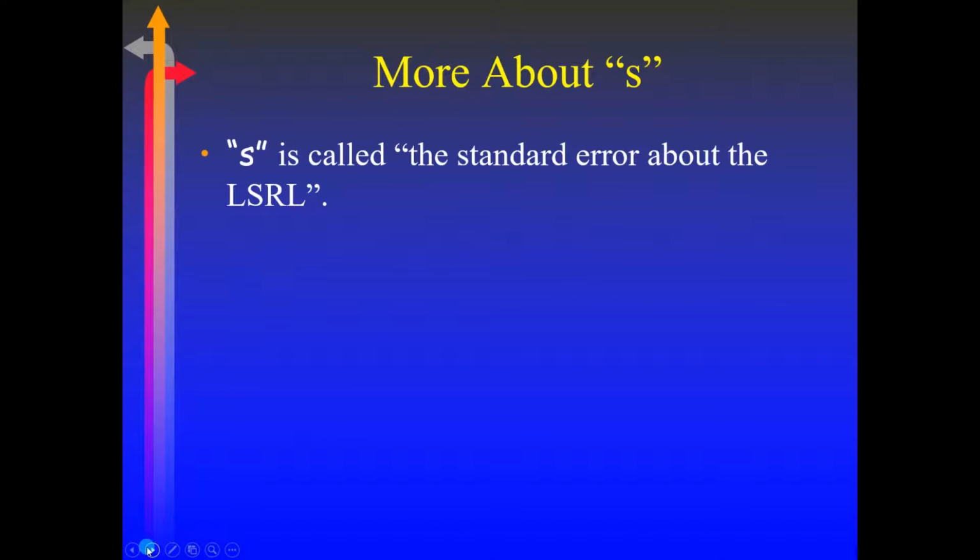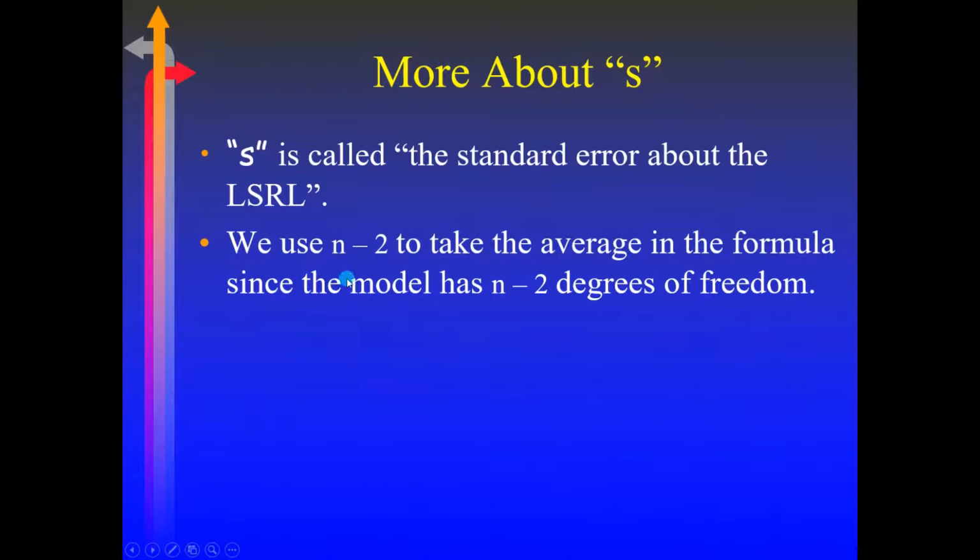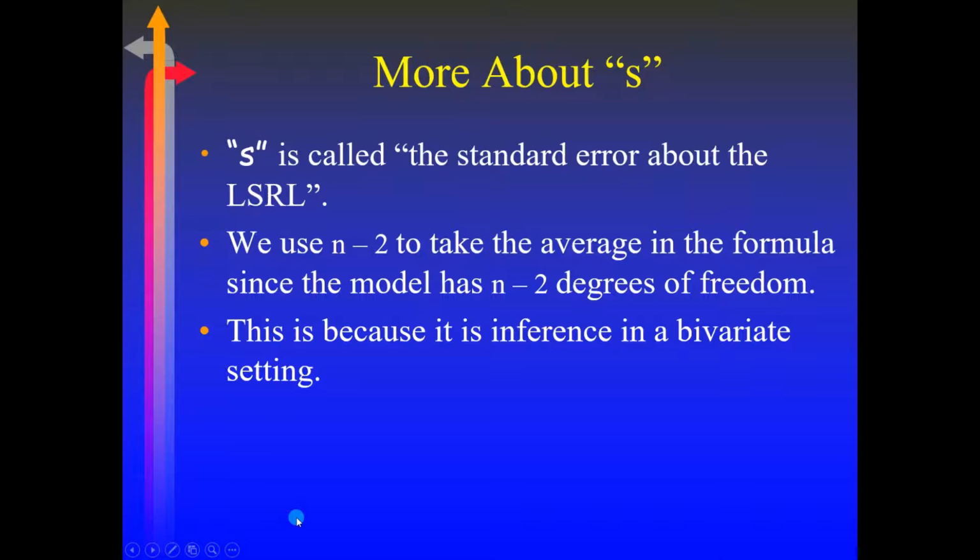So more about it. It's called the standard error about the LSRL. We used n minus 2 degrees of freedom in the formula because it's a bivariate setting. So there's n minus 1 degrees of freedom for x, n minus 1 degrees of freedom for y. Altogether, that's n minus 2.